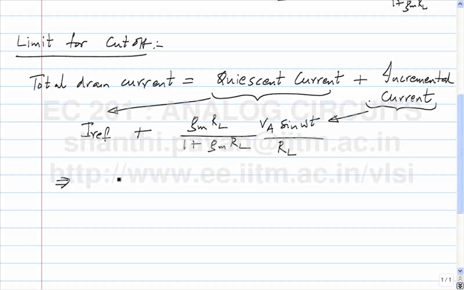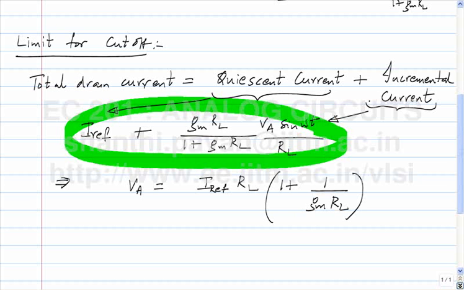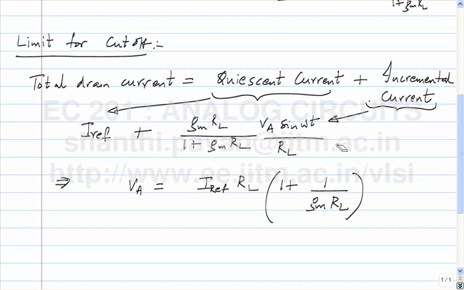That means this will go to 0 when omega t equals pi, and the value of Va will be Iref times RL times 1 plus 1 over Gm. This is just solving this equation, that's all. So this is the limit for cutoff.